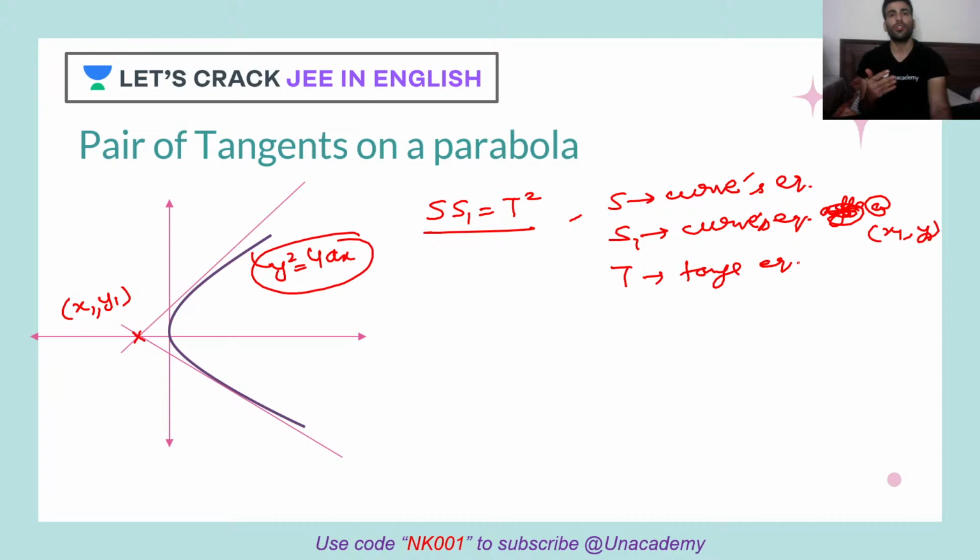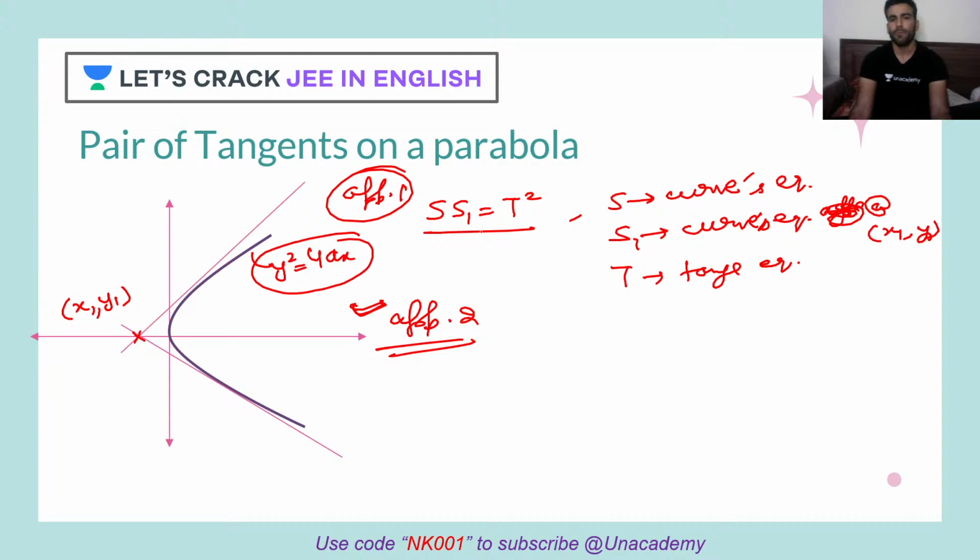This is the pair of tangents equation if anyone wants to write. But if anyone wants to find the individual tangents' equations, what should be the process? How can you do it? For that, you can just follow this process. I would say it is approach 2. And generally, I have seen people using this approach 2 because it's simpler.